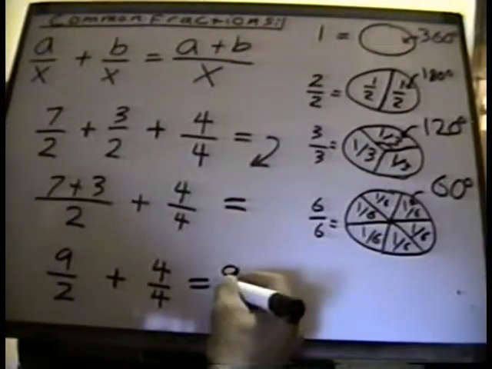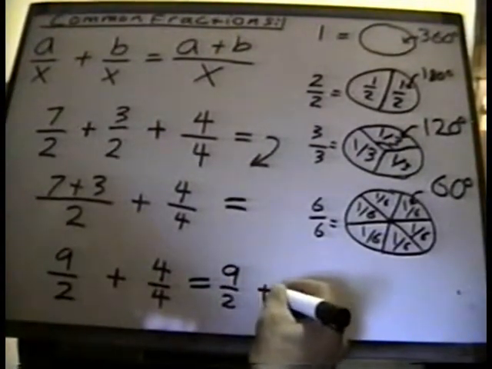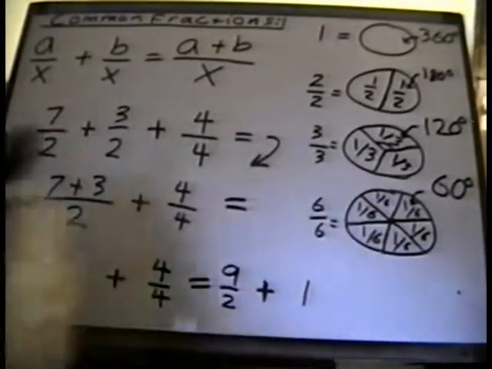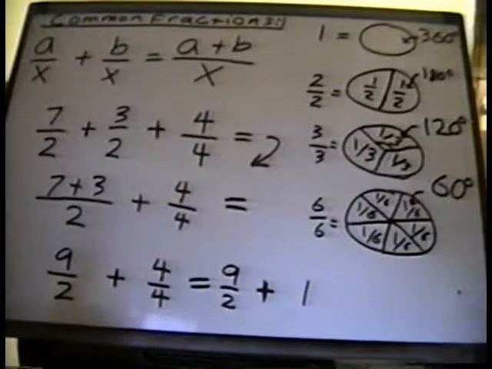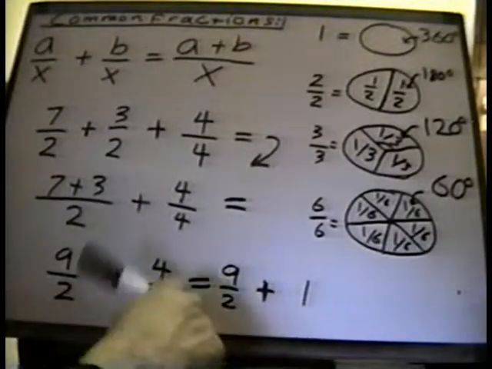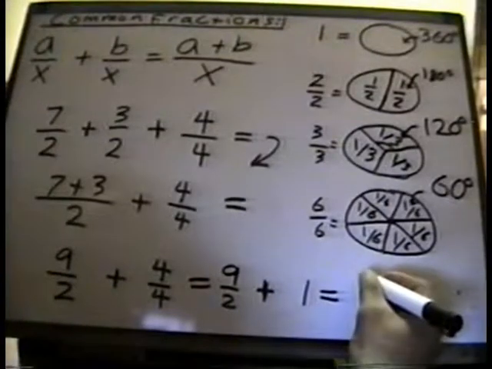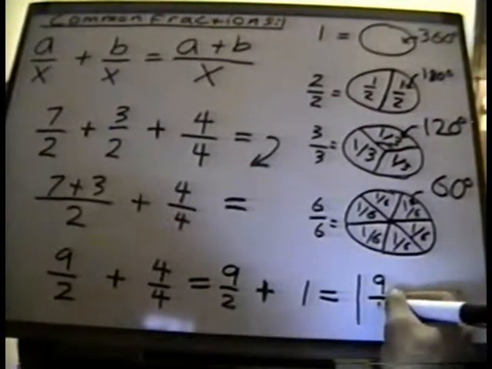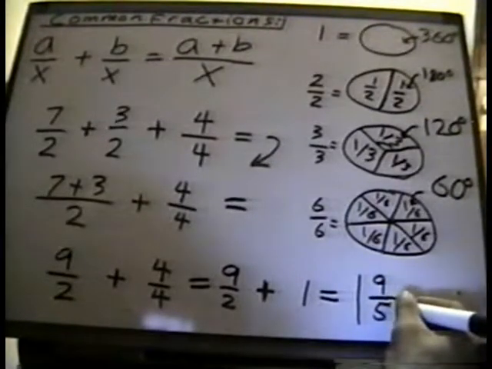So you get 9 over 2 plus 1. Or 1 plus 9 over 2. Or 1 and 9 halves. That's the mixed fraction. 1 and 9 halves.